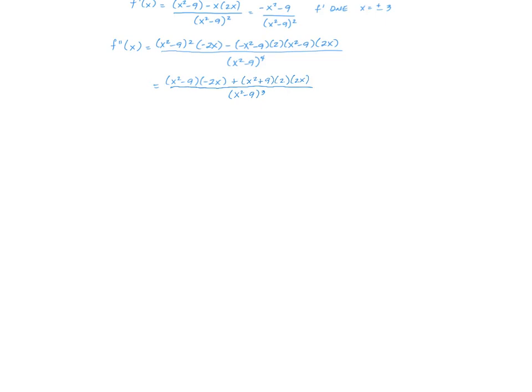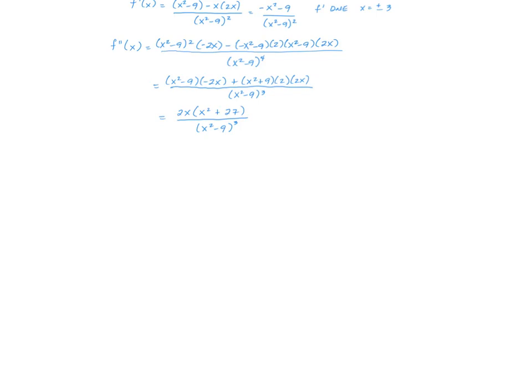And if I continue to simplify this, in the numerator I can end up factoring out a 2x. And then what remains in the parentheses, if I clean it up, would be x squared plus 27, all over x squared minus 9 to the third power. Well, that was fun. So I need to find possible inflection points.